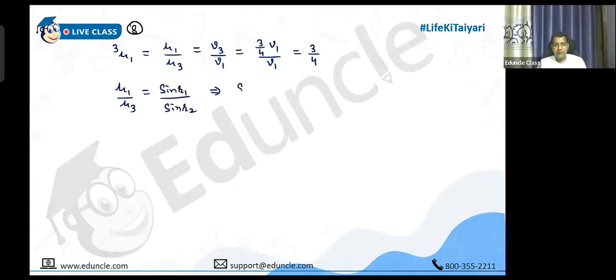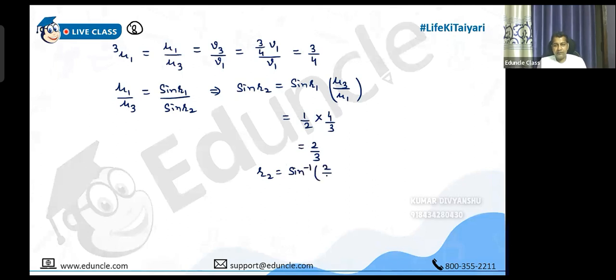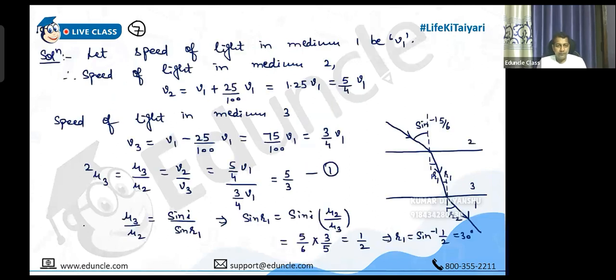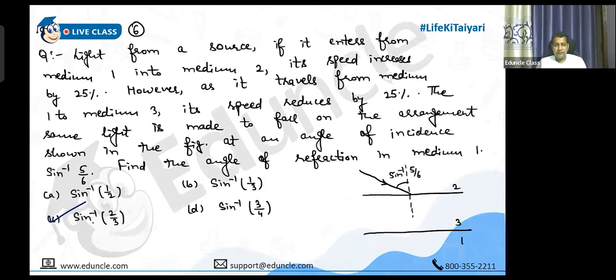We have to get R2. So sin R2, this was half, and this is 4 by 3, so 2 by 3. So R2 will be sin inverse 2 by 3. Option C. Please check.